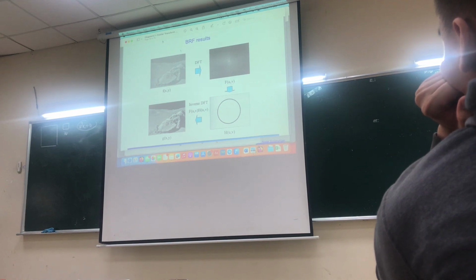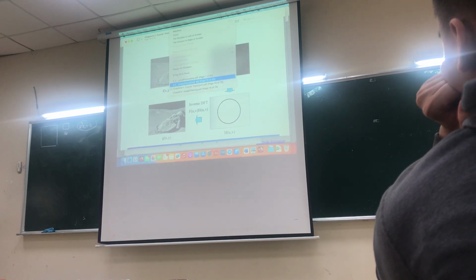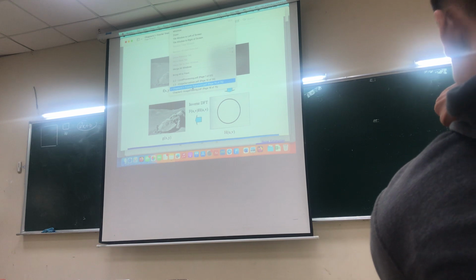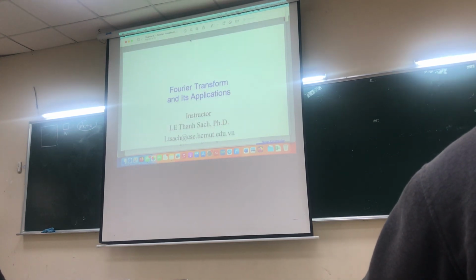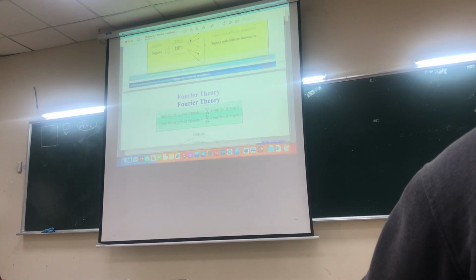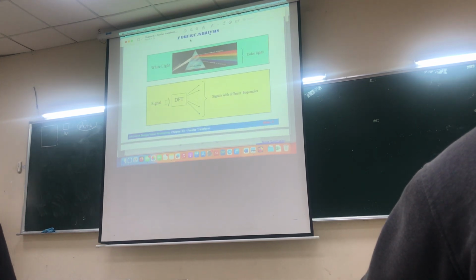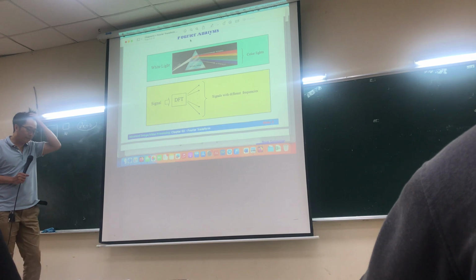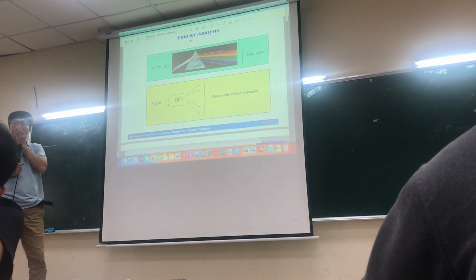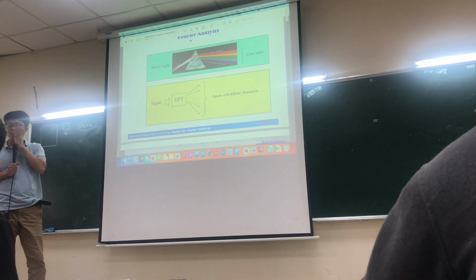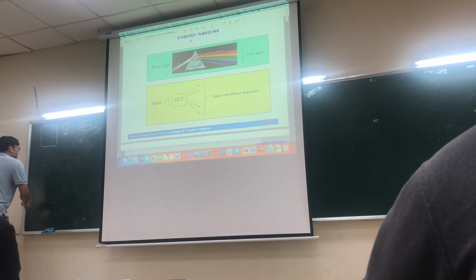So the question now is, what is the idea first? What is the idea of the Fourier transform? You have an image.